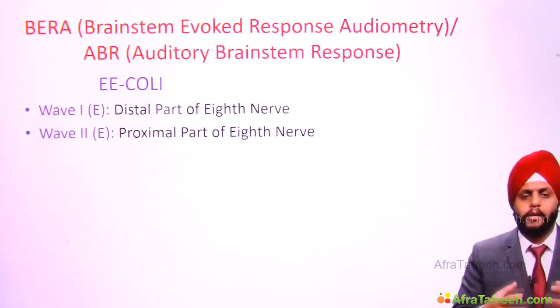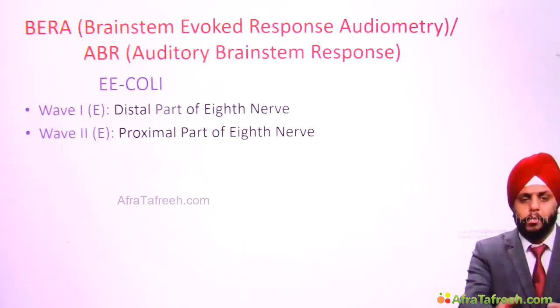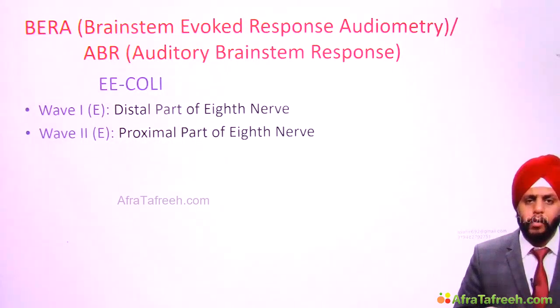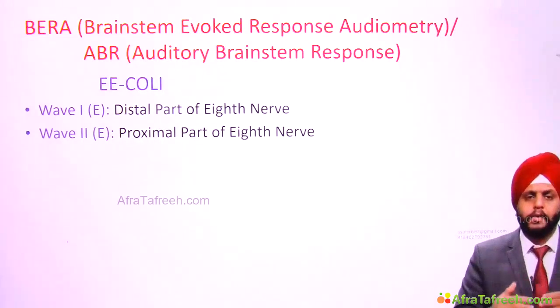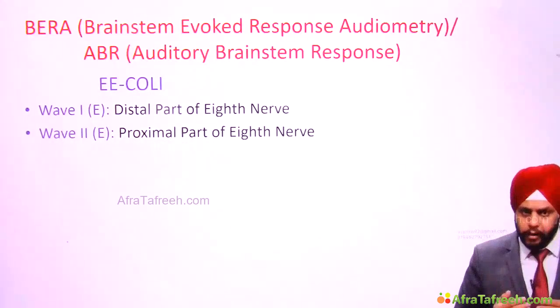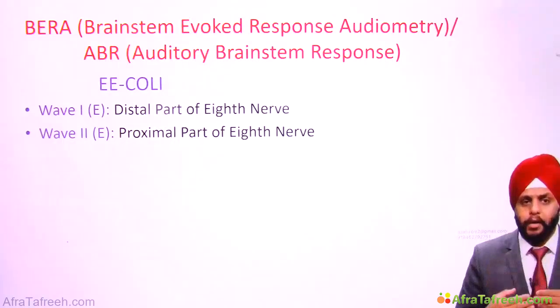Now, what do we mean by distal or proximal? You see, distal means away from brain. Proximal means near the brain. Whenever we talk about the nerve, the distance is always measured from the brain. It does not matter whether it is sensory or motor, afferent or efferent, whether it is taking signal from the brain or bringing a signal towards the brain.